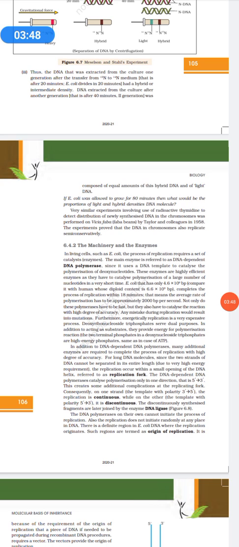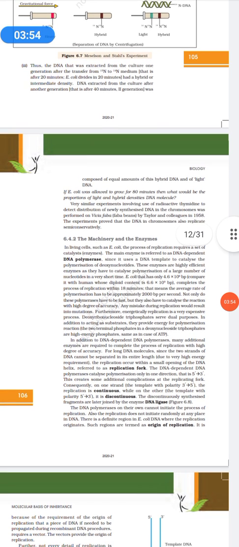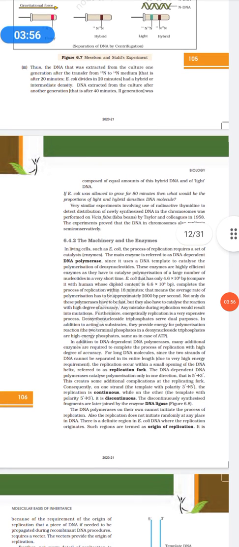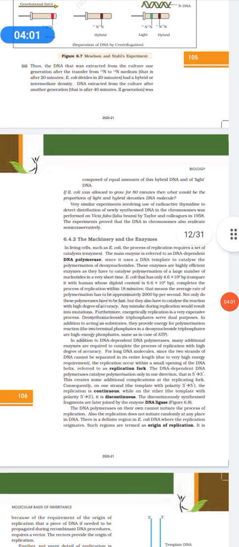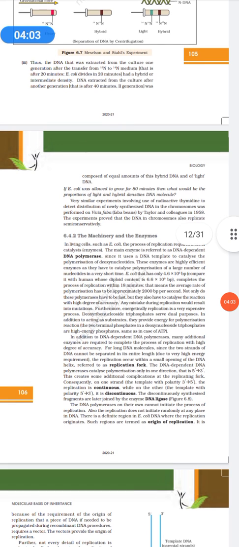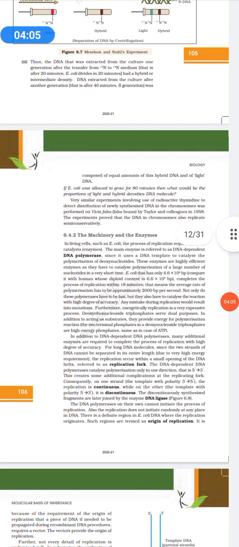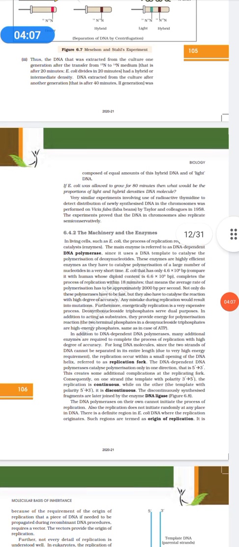Now what is the function of DNA dependent DNA polymerase? Its basic function is that it uses a DNA template to catalyze the polymerization of deoxynucleotides. These are highly efficient enzymes and they catalyze polymerization.